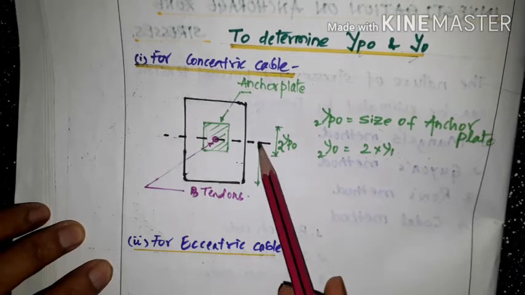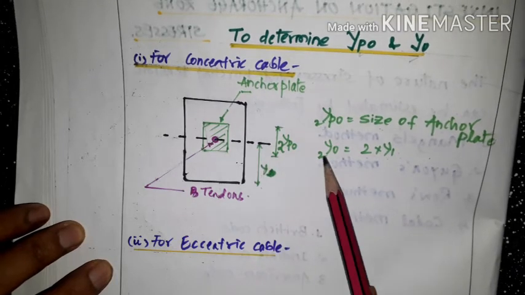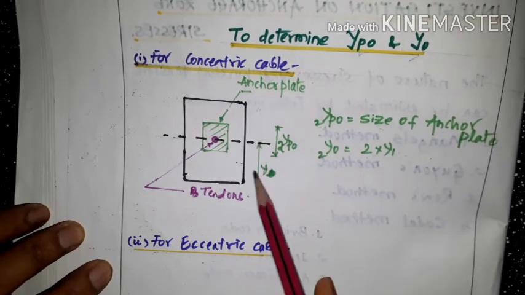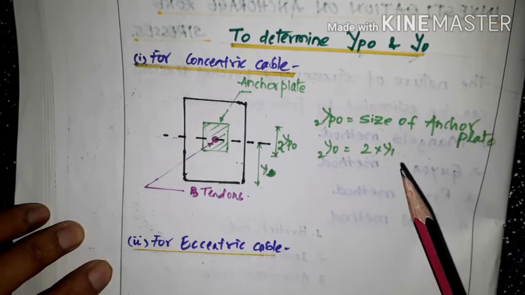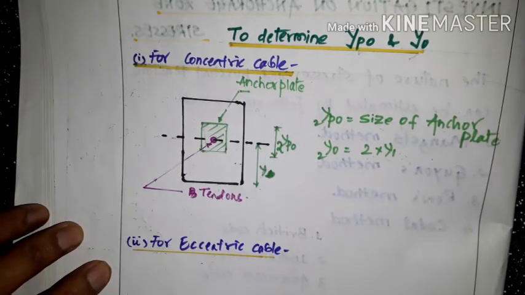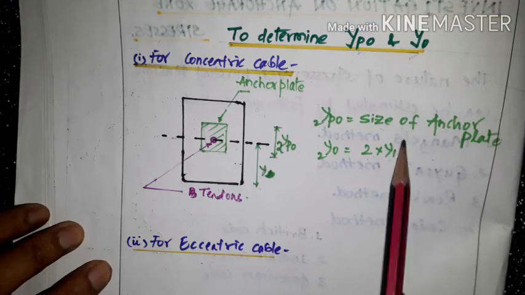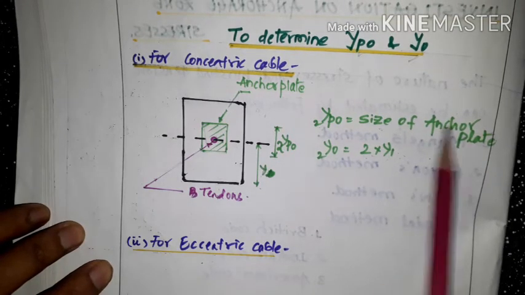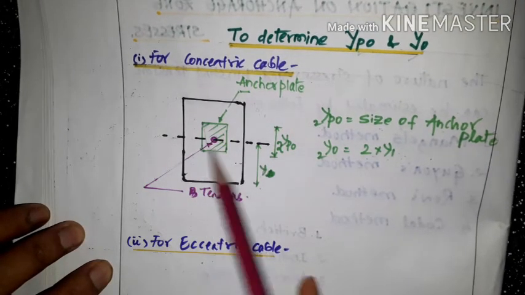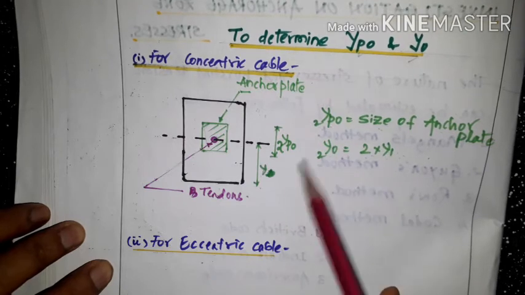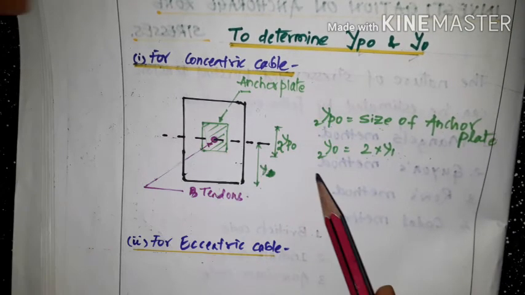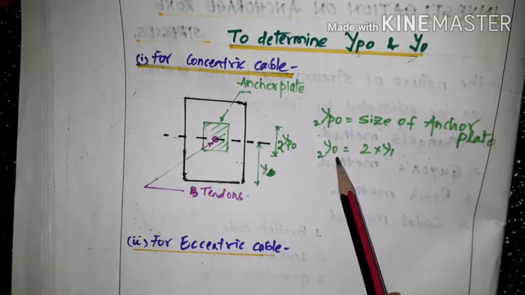Then Y1 is 150, so Yo is 2 times Y1, which is 300 mm. Only in the case of a concentric cable, if the anchor plate size is 150 by 150, Ypo will be 150. That is how you use the values for Ypo and Yo.